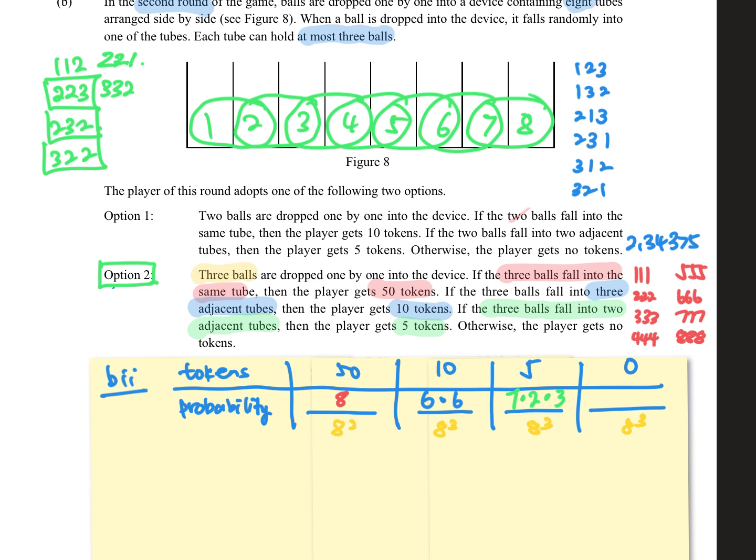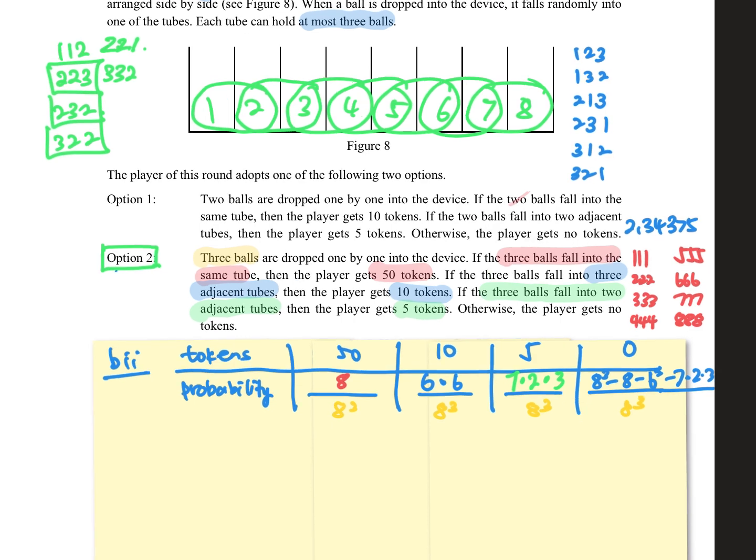So and then you can see for 0, so just 8 cubed minus 8 minus 6 squared, and then minus 6, 7 times 2 times 3. Well, anyway, so just 1 minus 0.